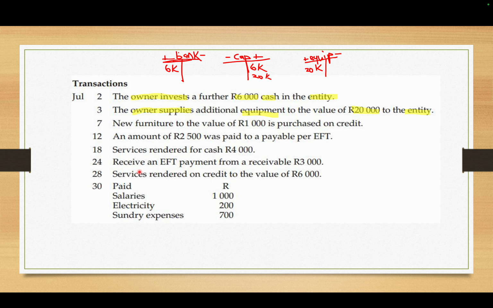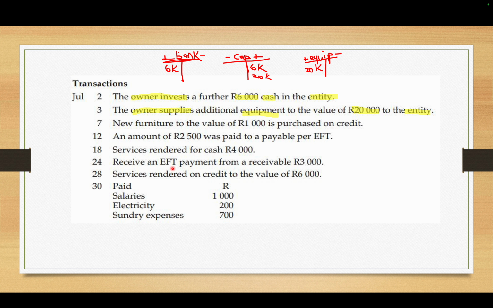And then we go to receive an EFT payment from a receivable, 3,000 rand. So as soon as you see EFT, immediately think of bank. Because we received EFT payment, we received money from our receivables. Remember, bank is an asset and receivables is an asset because it's money that we are supposed to receive from a receivable.